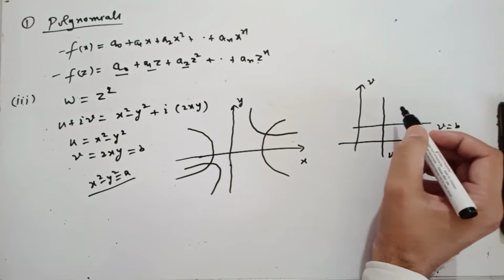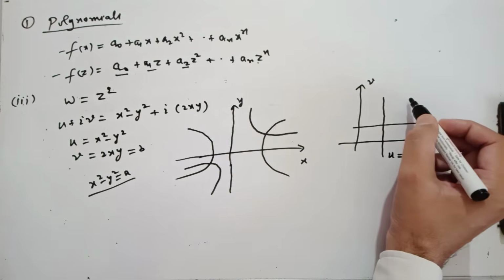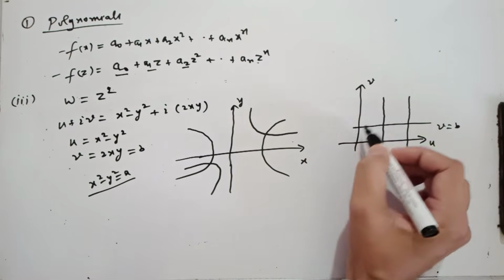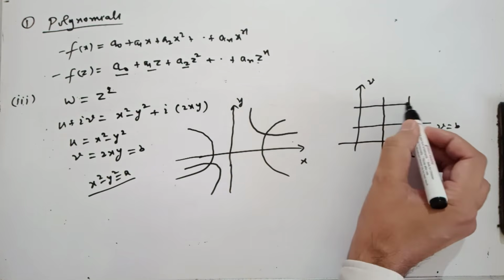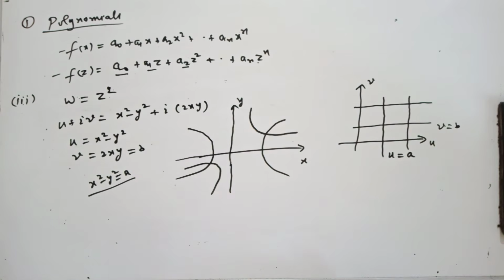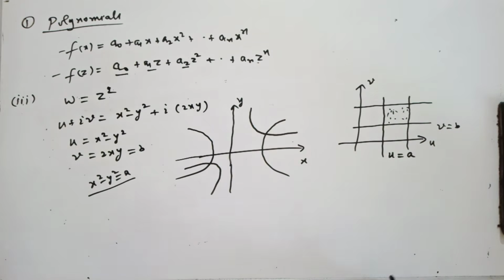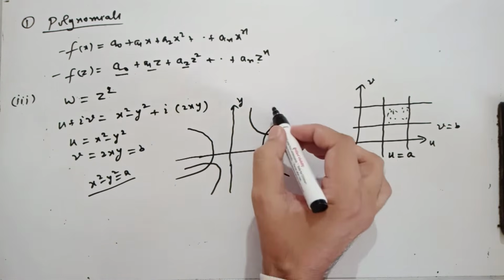So from this, if I choose two lines parallel to the v-axis and two lines parallel to the u-axis, what is the pre-image of this rectangular region?